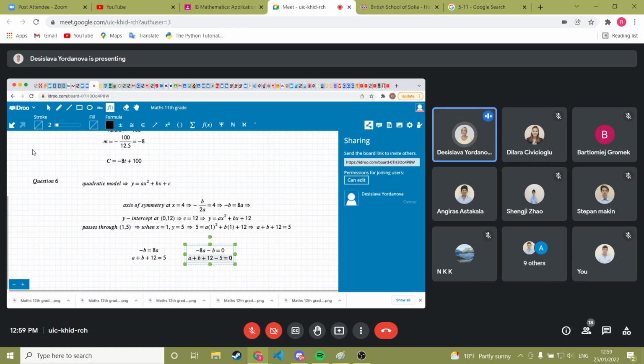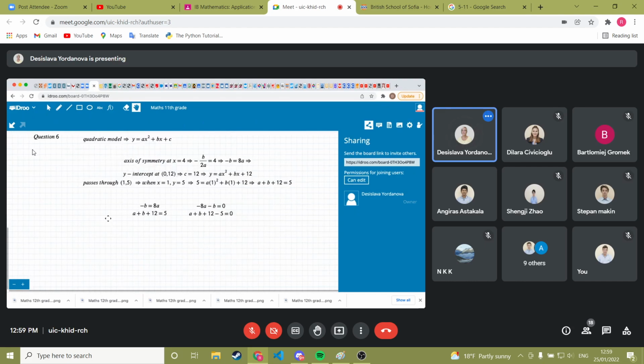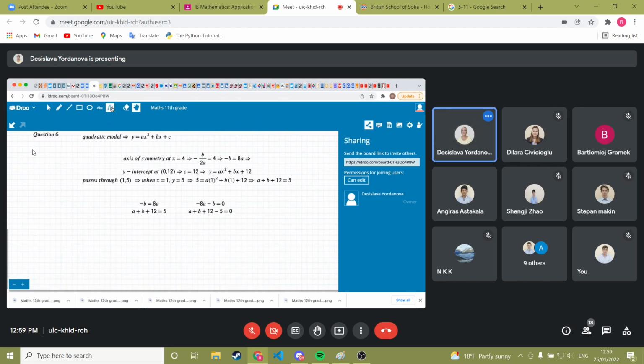also to calculate here 12 minus 5 before using the calculator. So putting them like that, we will have minus 8a minus b equals 0 and a plus b plus 7 equals 0.